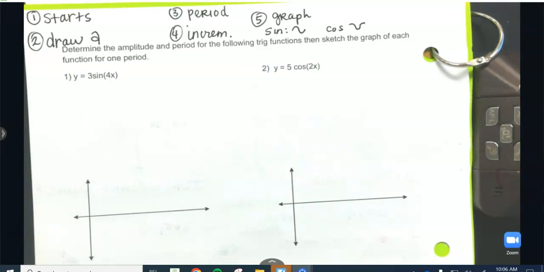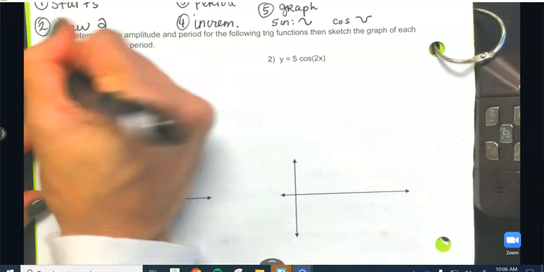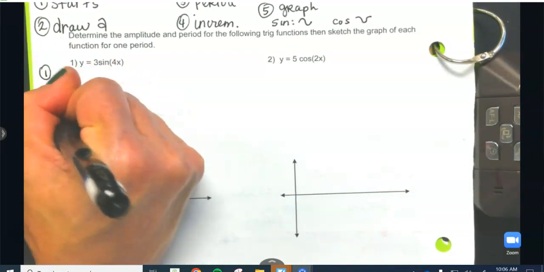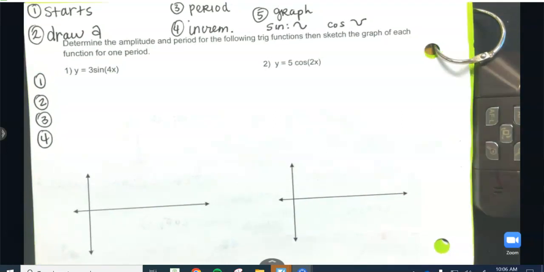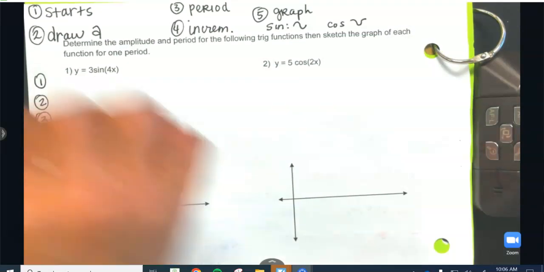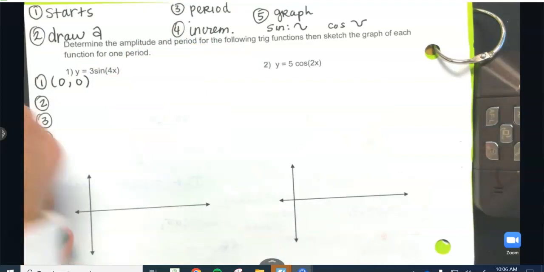All right, let's go ahead and get started on some stretches and shrinks here. So number one, I'm just going to follow my own steps. 1, 2, 3, 4. I don't need to draw a fifth one for a graph. All right, number one is to find where the graph starts. So easy for sine. Sine always starts at 0, 0, always.